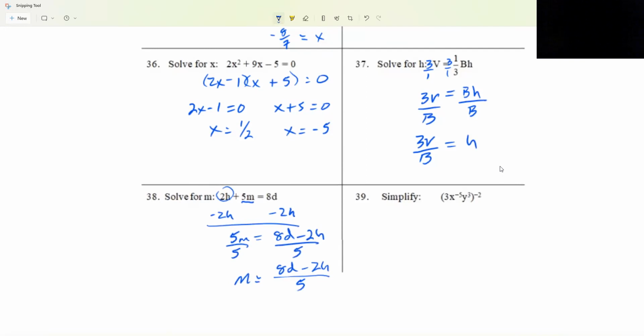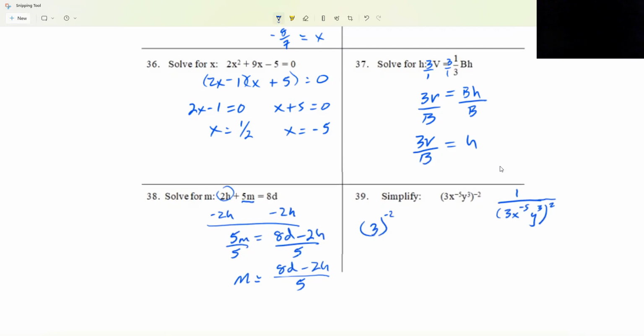Okay. Number 39 here. Remember, with all these exponential things like this, there's a bunch of ways to do them, but you could take this and get rid of the negative here by just dropping the whole thing down into the denominator. If you do that, it's not going to change anything on the inside, and then make that a positive 2. You could do that. Or you can just say, I got 3 to the negative 2.